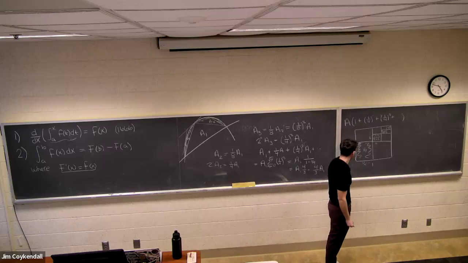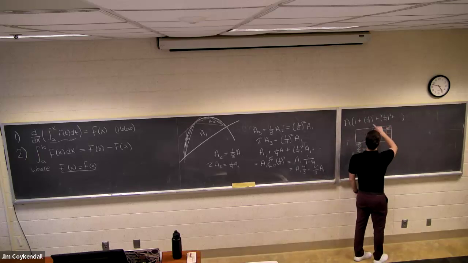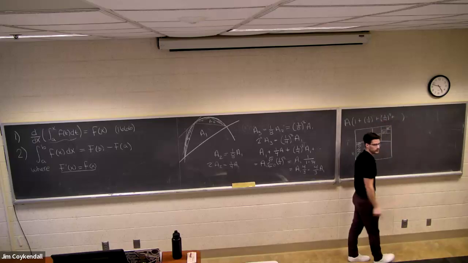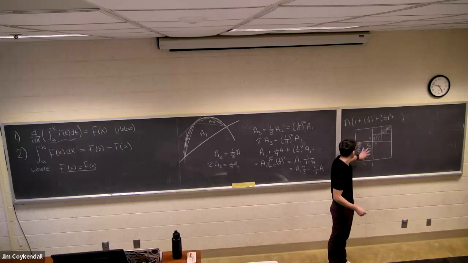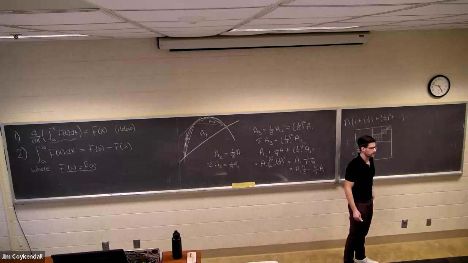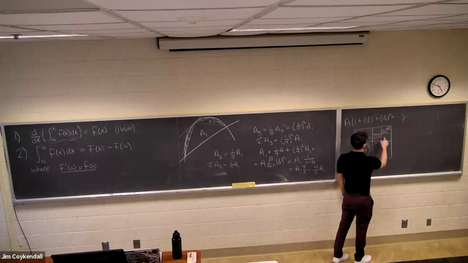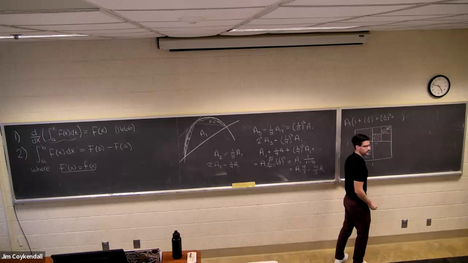Well, notice these highlighted boxes are exactly this part of the sum, right? Without the 1. So the sum of those areas should be this sum, right? And notice that for every single one of these, we have 3 copies. 3 copies of this one, 3 copies of this one, 3 copies of this one.